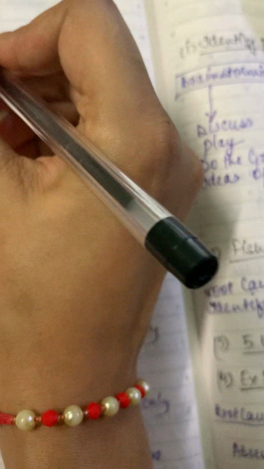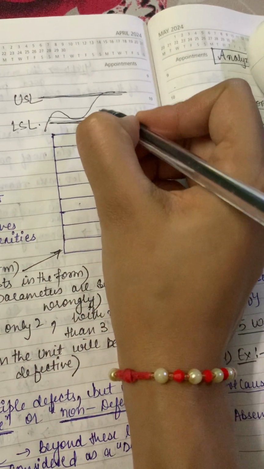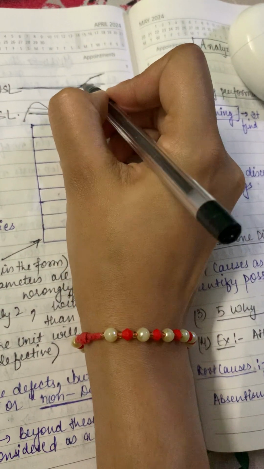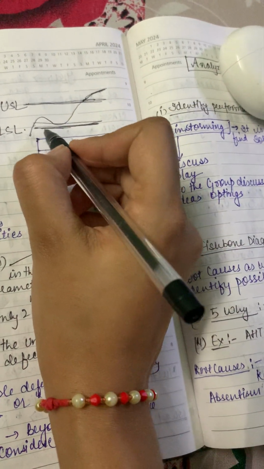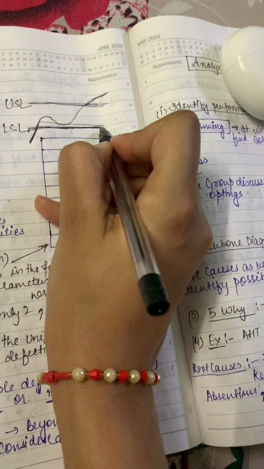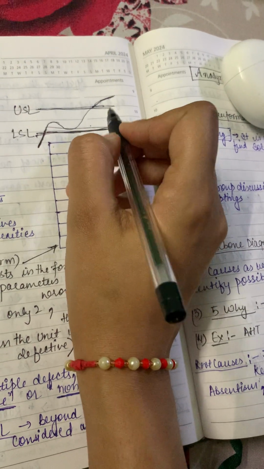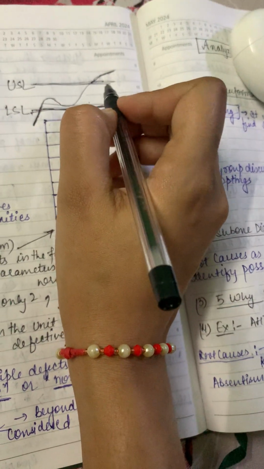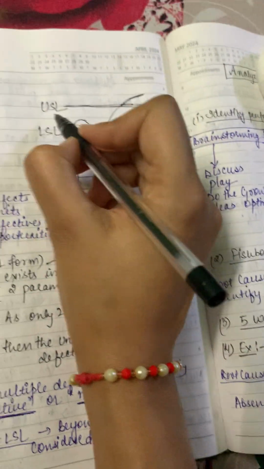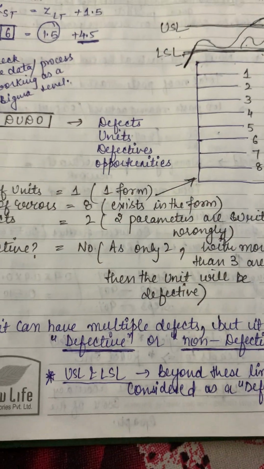This is the USL, and this is the LSL. If it goes beyond the upper limit, or goes below the lower limit, then this whole data is defective, and that is considered a defective part. If the data is going like this, that means it's inside only. So within the LSL and USL, it is considered acceptable. So this is what it is.